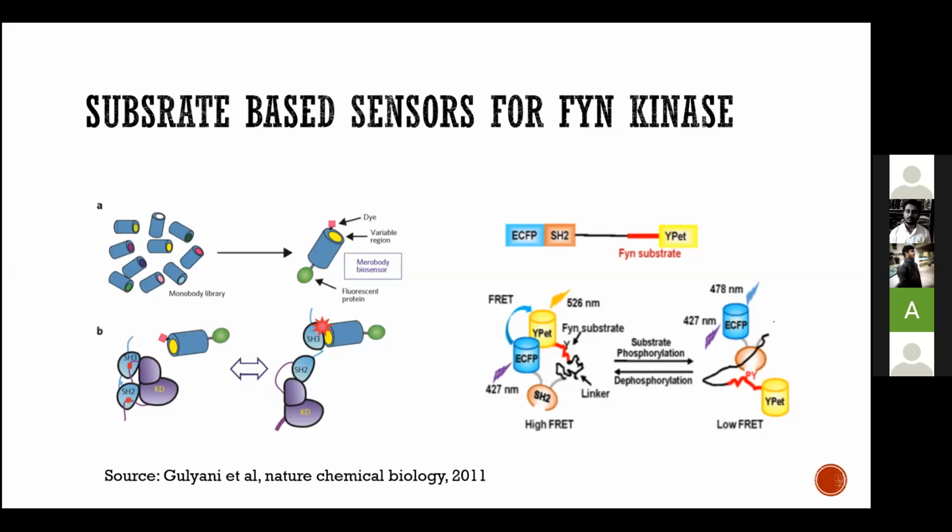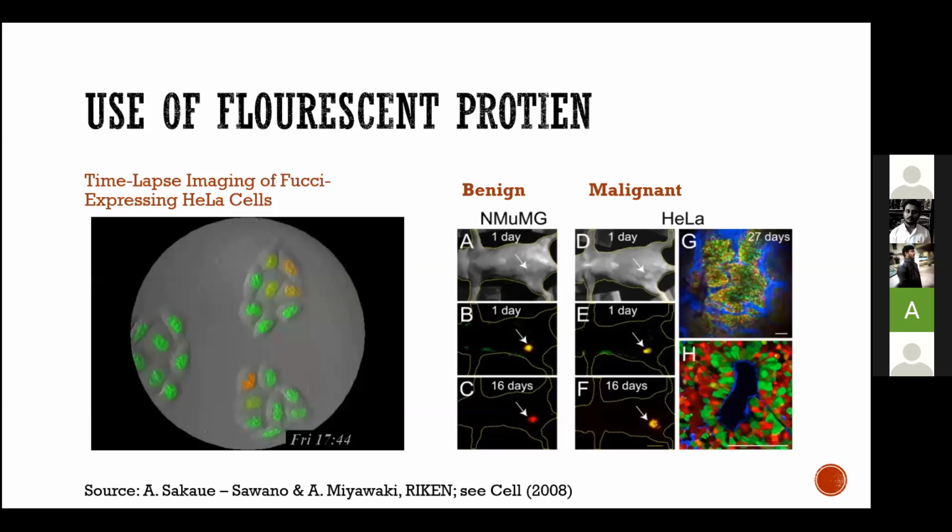So the problem here was, do you see a Fyn substrate attached to this Y? In this picture, you can see the slide, right? In the picture on the right side, you see a FRET happening. Previously they used a technique which is basically just fluorescent protein tagging and molecules moving around.